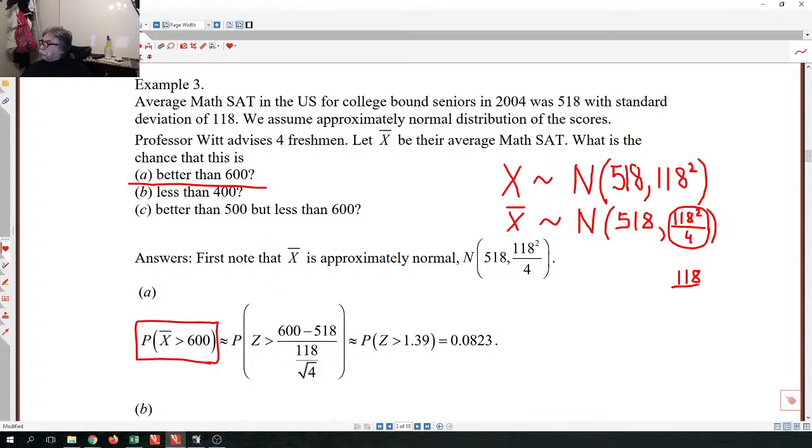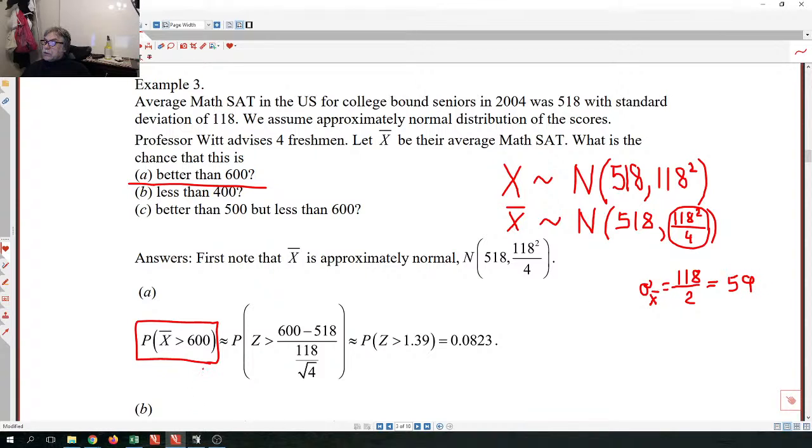So this is the standard deviation of the X bar, not of the X. The standard deviation of the X is 118. The variance is its square. Standard deviation of X bar is 59. Okay, so that ought to be used.